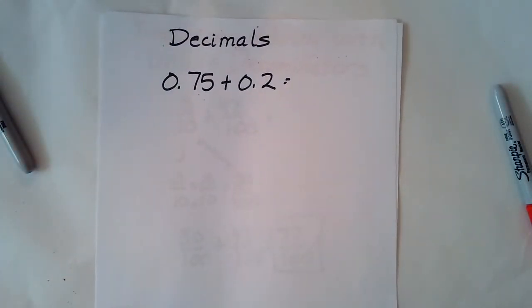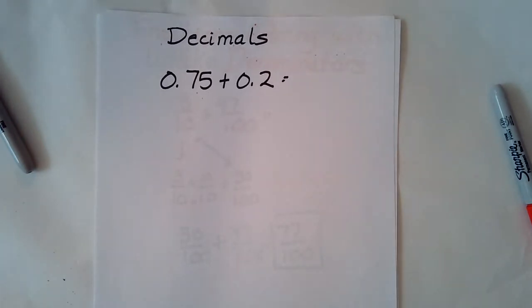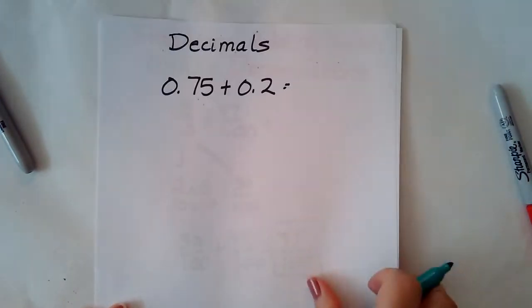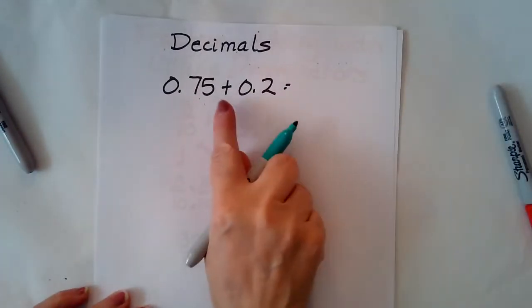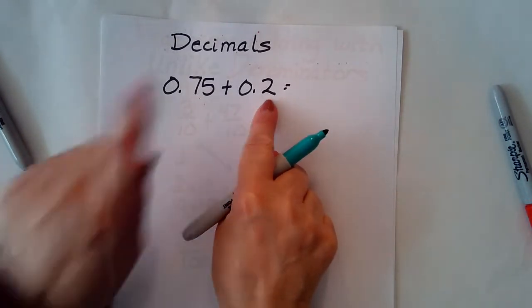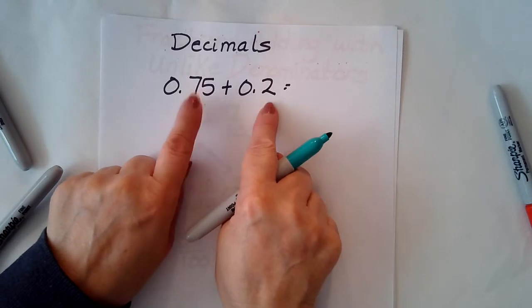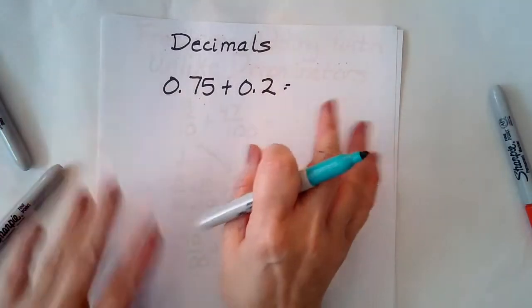Just like with fractions, our decimals have to be in the same place value on our place value chart. So 0.75 plus 0.2, or 75 hundredths plus 2/10. This is written in the hundredths place, and this is written in the tenths place. They have to be the same.